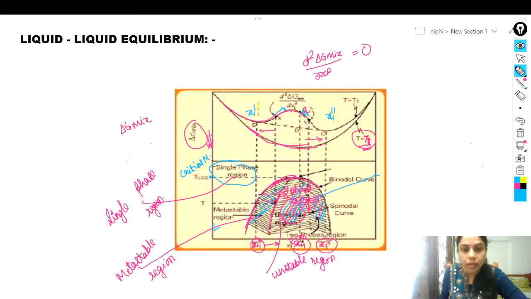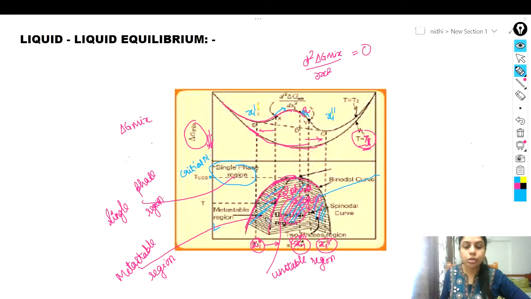Below that critical temperature, with composition between x1 dash and x1 double dash, the two phase region will take place. Within the two phase region there will be a metastable region and then an unstable region here.